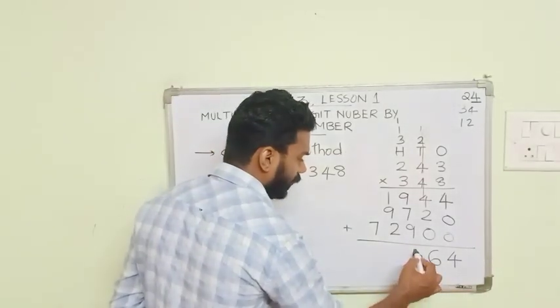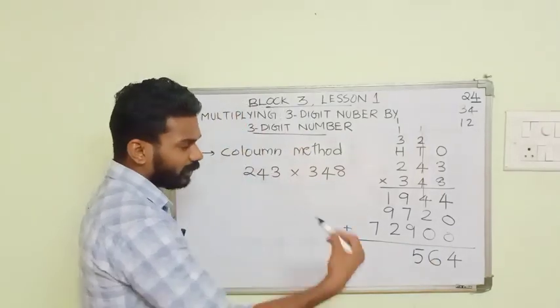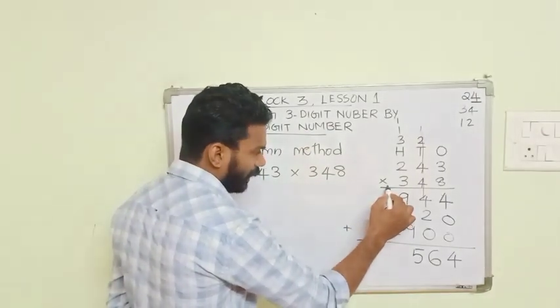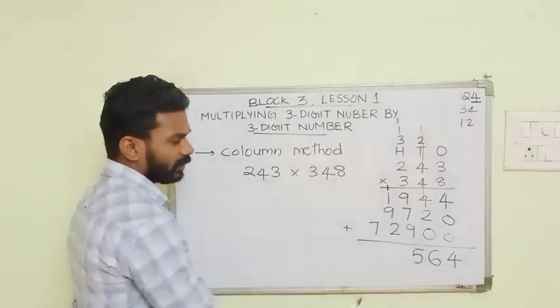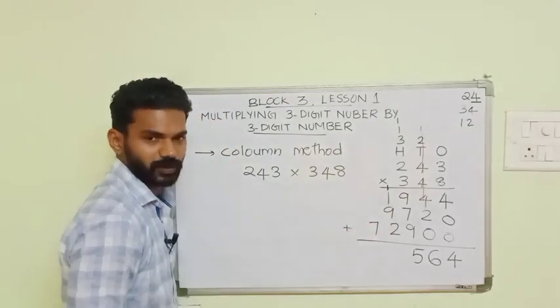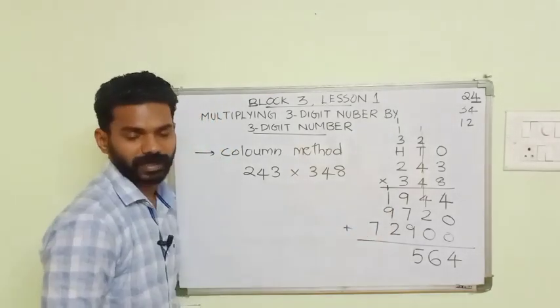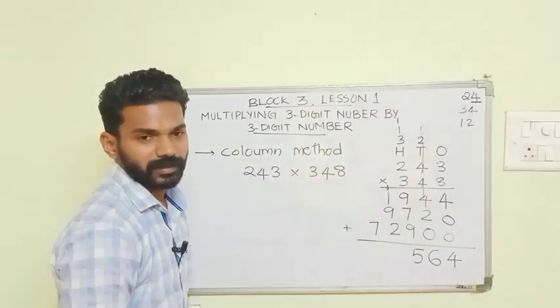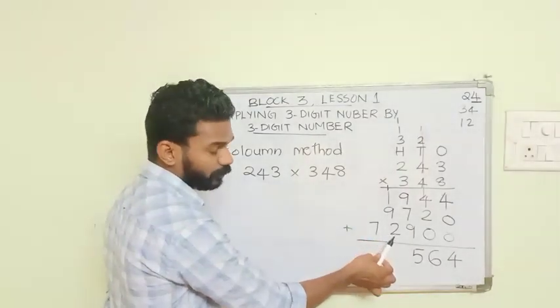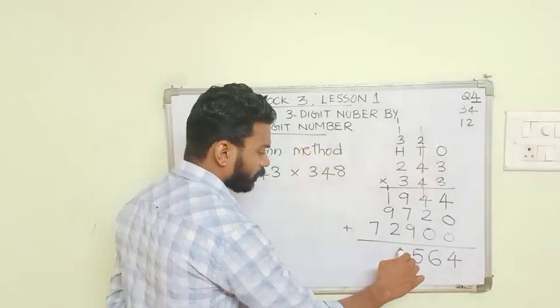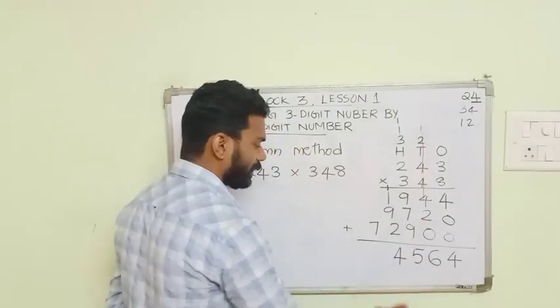For that 5 I can put here, and the balance 1 I will put here. Now 1 plus 1, it is 2. 2 plus 9, it will be 11. 11 plus 2, it will be 14. For that 4 I can put here.